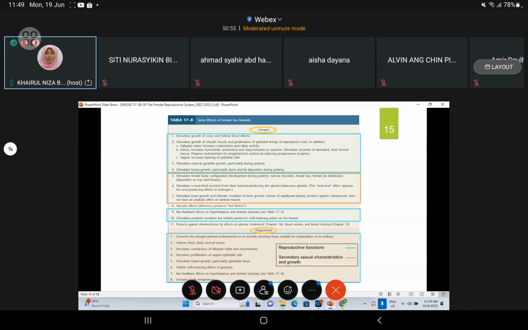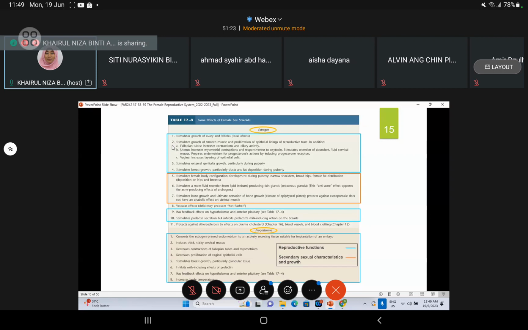There are many functions of estrogen and progesterone. Okay, but inhibin has an inhibitory effect on FSH. Okay, but in comparison, estrogen and progesterone have very specific functions towards the body, as well as towards the reproductive tract. So local effects of estrogen include stimulating growth of the ovary and the follicles.